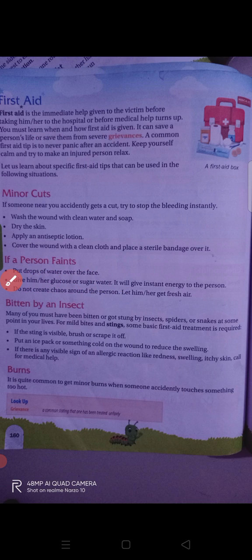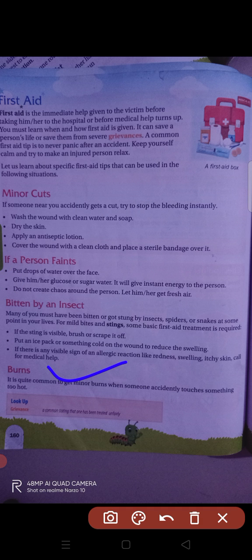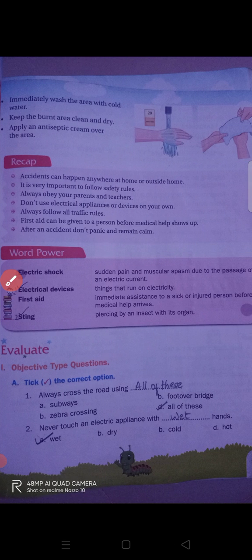And coming to the burns, burns are actually caused whenever we are exposed to heat or flame. In case of a burn, we should take some first aid steps: wash the area with cold water, and after washing, keep it dry and apply the antiseptic lotion, right?